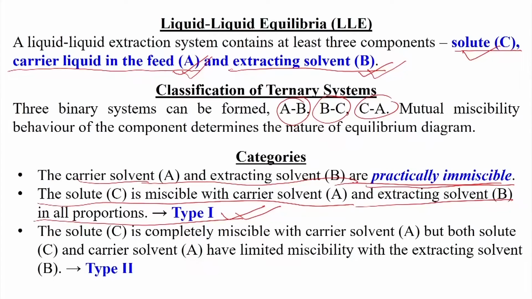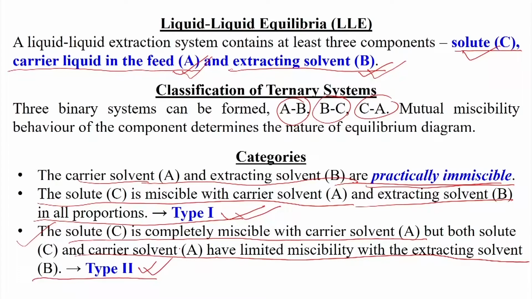And the last category is where solute C is completely miscible with the carrier solvent, where the feed is, but both the solute and the carrier solvent have limited miscibility with the extracting solvent B. That is type 2. So we have both type 1 and type 2, and based on their miscibility we will be discussing the liquid equilibrium curve.